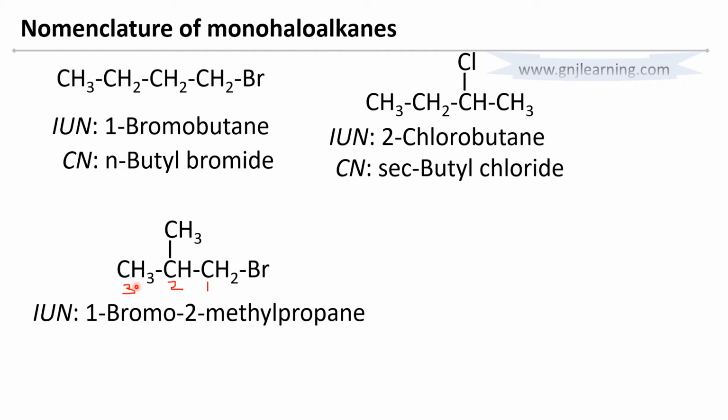It's just like doing maths. Okay, so what is the common name here? Bromide is the parent, and the group attached to it is the butyl group. It is attached at the primary carbon atom of a butane which is not normal.